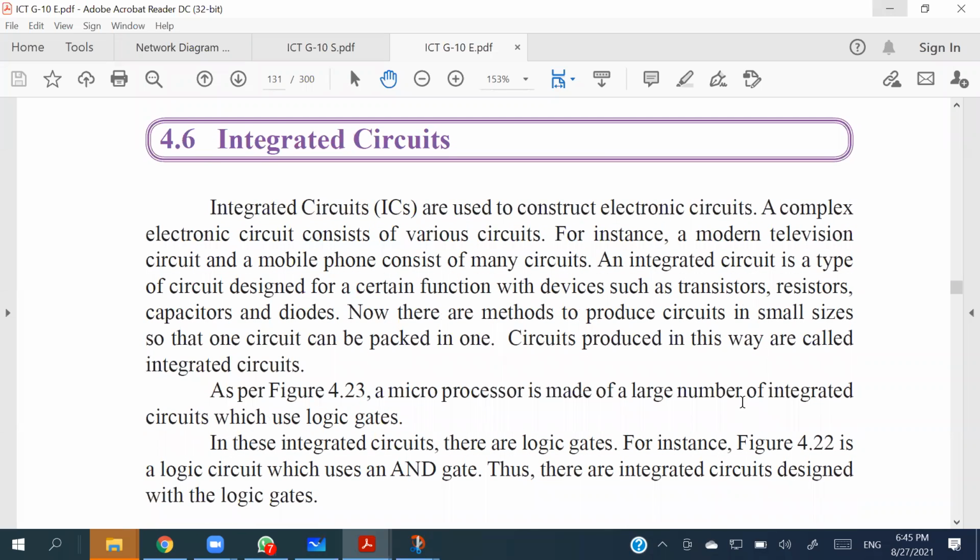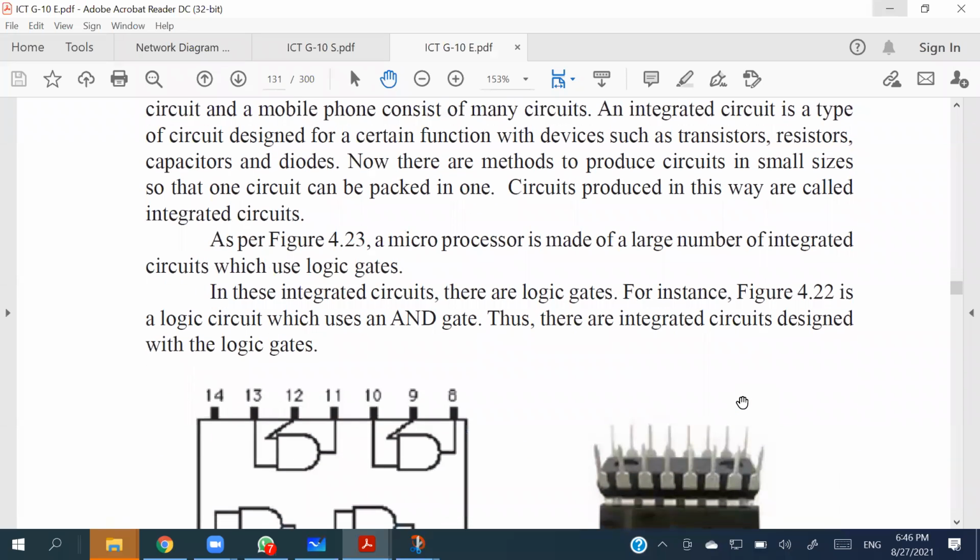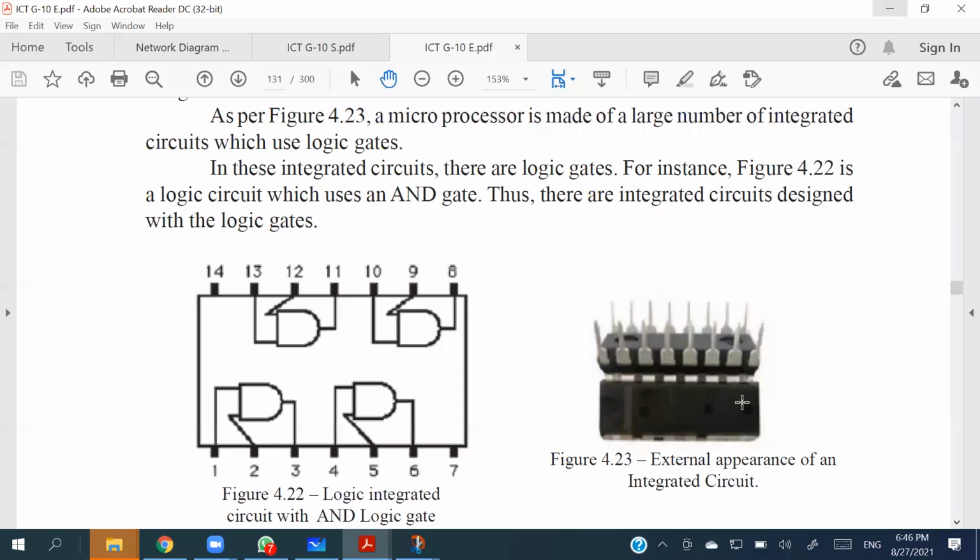Now, this is the practical application of the gates, right? You may get the question, we learn about these gates, but where can we find these gates actually? So the answer is, it is inside a component called IC, the integrated circuit.